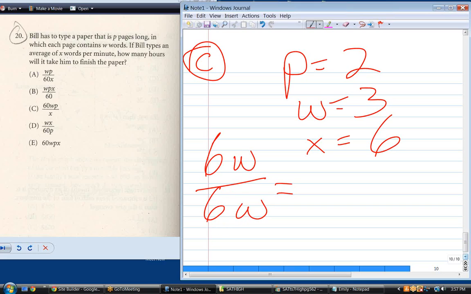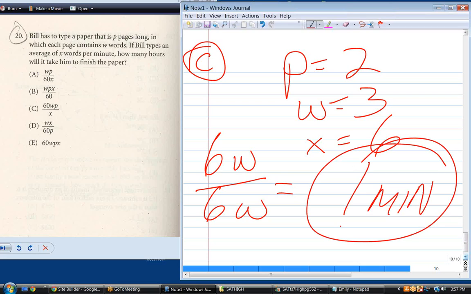There's 6 words, so it's going to take him 1 minute, based on the numbers we picked, right? If you had 2 pages and there were only 3 words per page, that would be 6 words. And we've said he can type 6 words per minute, so it'll take him 1 minute or 1/60th of an hour. So the answer we're looking for is 1/60, based on our numbers. Okay, so it's not C.